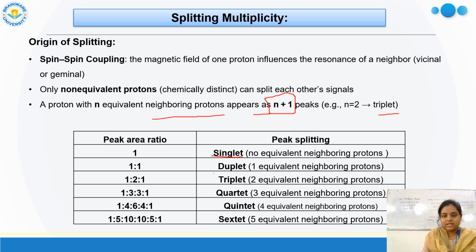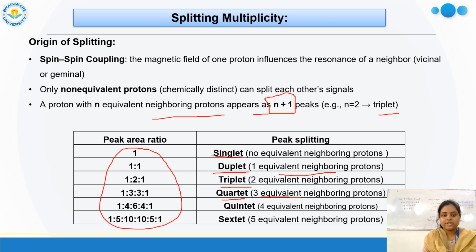If we get a doublet, that means one equivalent neighboring proton. If triplet, that means two; always one is added. If we get a quartet, that means 4 lines, then 3 equivalent neighboring protons are present. Likewise, it will increase.